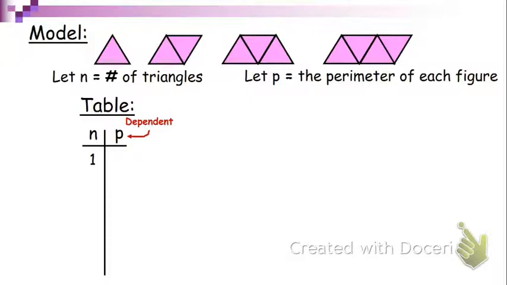So on the first one, one triangle, our perimeter then would be 3 if each side is one unit. The next one, we have two triangles. If we figure out our perimeter, 1, 2, 3, 4, and then so on.